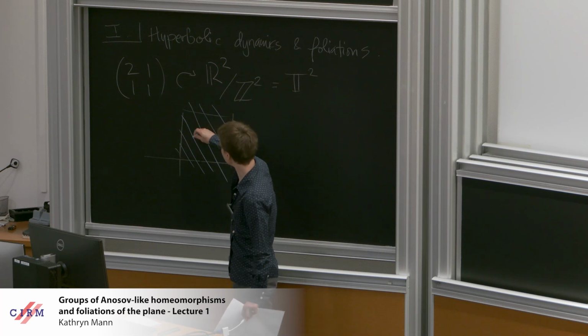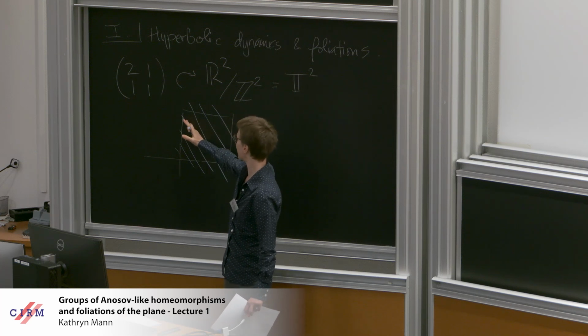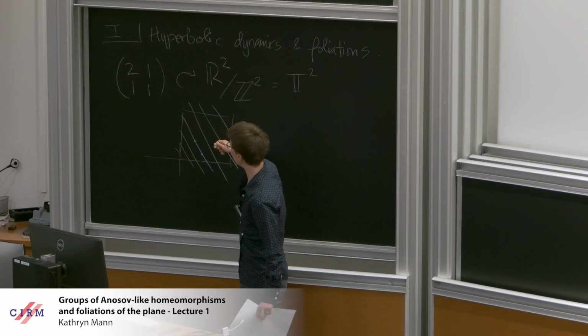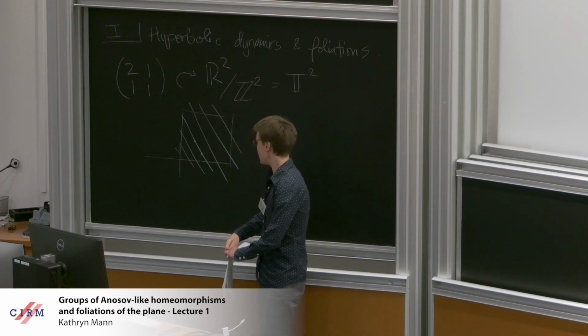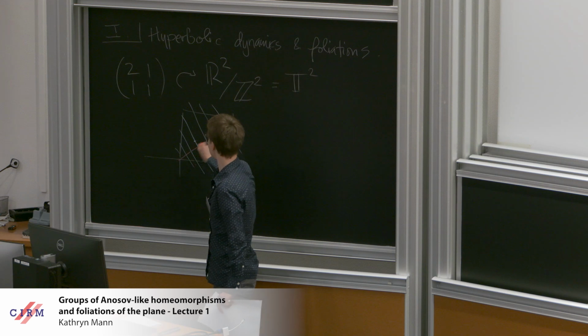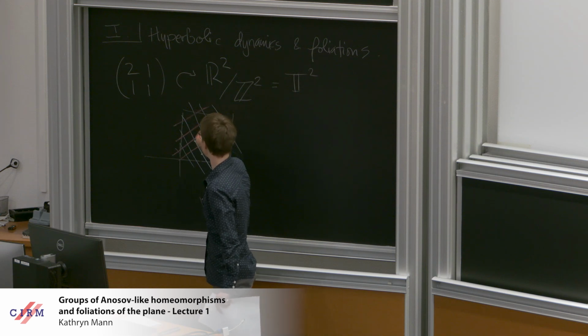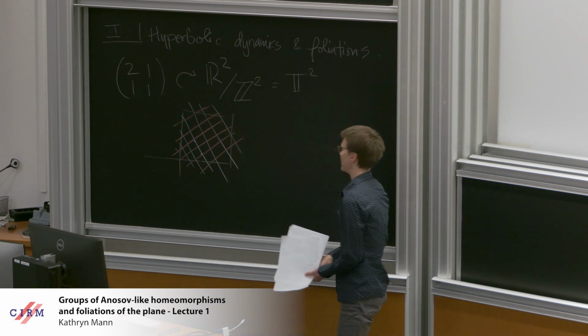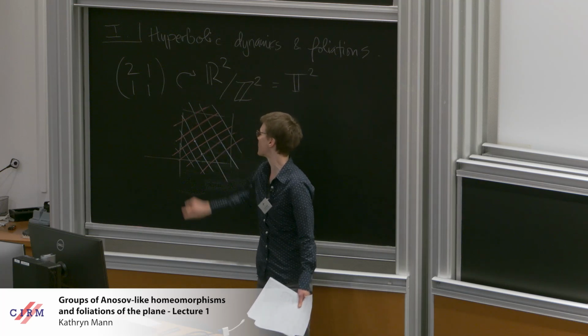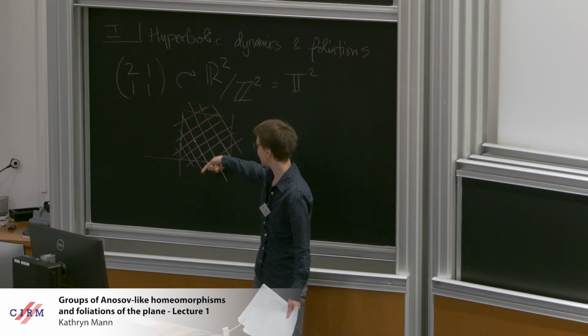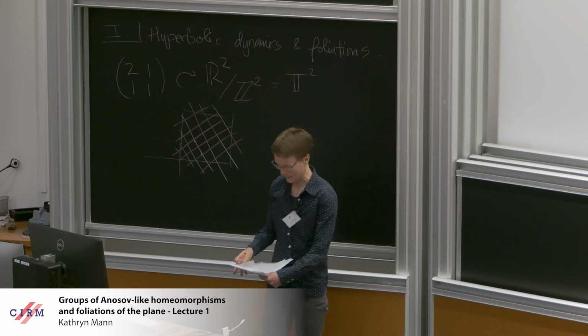If I take 2 points on this contracting eigendirection and I iterate the map, they get closer and closer together as they go around. And then transverse to this I have an expanding eigendirection. Different leaves of this foliation are permuted, but the direction is preserved by the map.